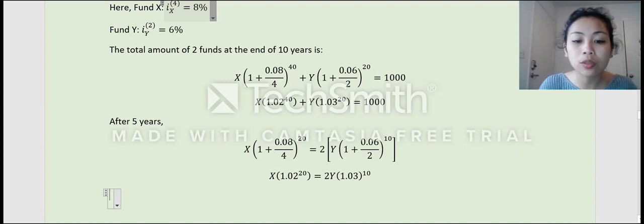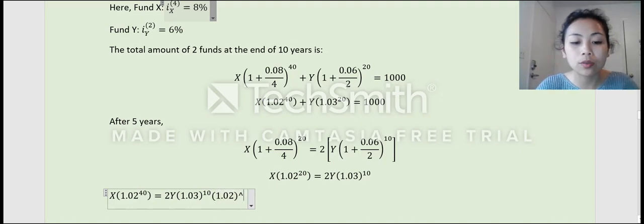So using these formulas, if we multiply both sides by 1.02 to the power of 20, we have X times 1.02 to the power of 40 equal to 2Y times 1.03 to the power of 10 times 1.02 to the power of 20.